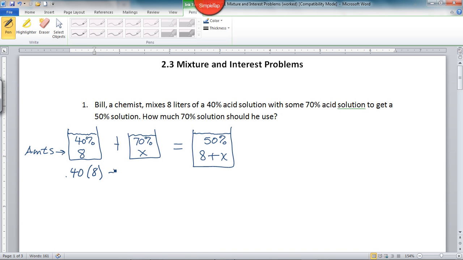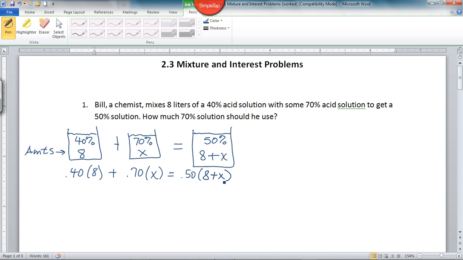Then plus 70%, which in decimal is 0.70, times the amount x. And over here on the right, I've got 50%, so that's 0.50 times (8 plus x).